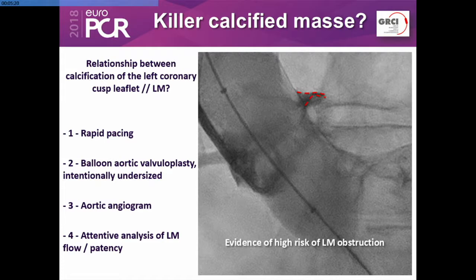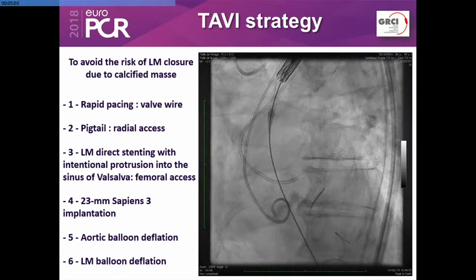So we had two solutions. The first one was to perform TAVI and try to find a solution to avoid this risk of occlusion, and the second would have been to propose surgery to this patient. During this procedure, we decided to go on with the TAVI solution, with the following strategy.